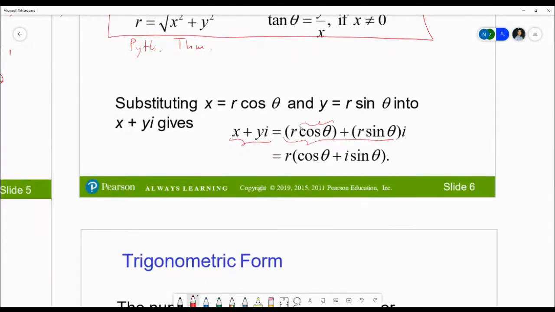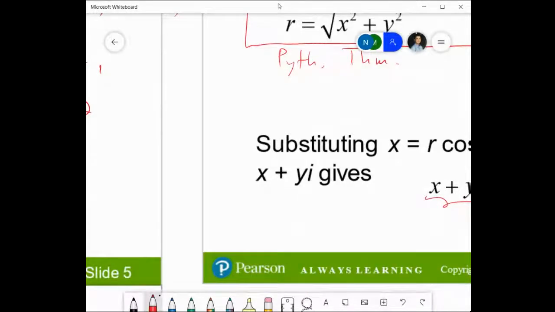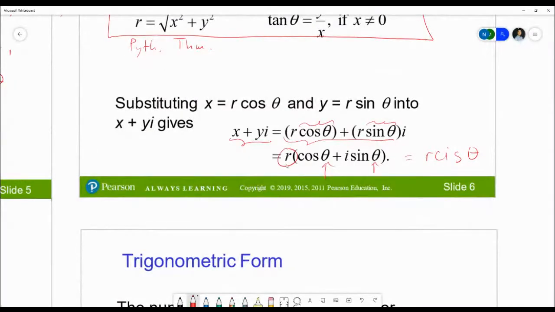Theta is the same theta for both of them, so we have a shorthand notation called r cis theta. The r is just this r, the c represents cosine, i sine theta. So this is shorthand for r cosine theta plus i sine theta.